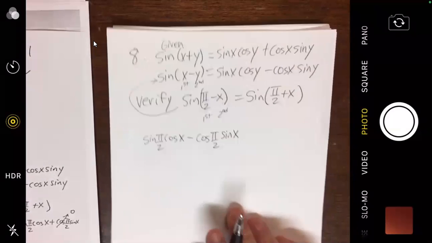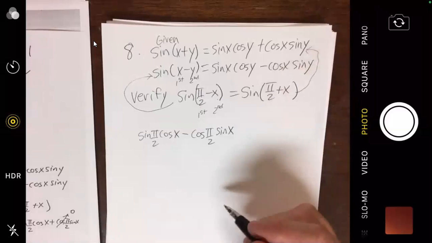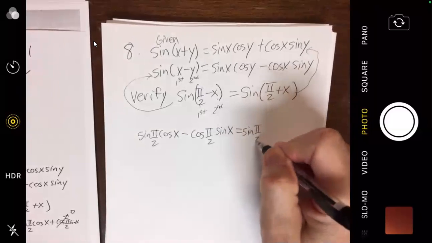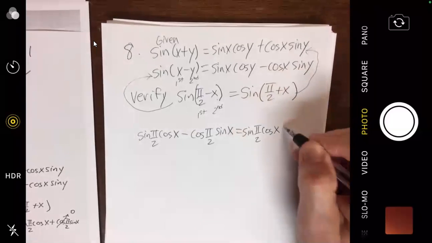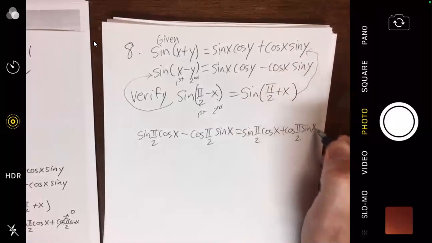So that's how that one expands out. This one follows the plus sign: sine of first, cosine of second, plus cosine of first, sine of second.